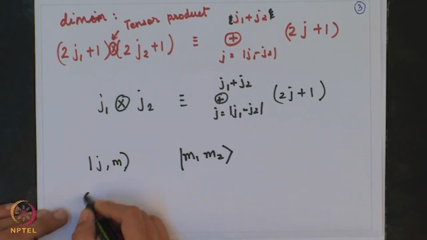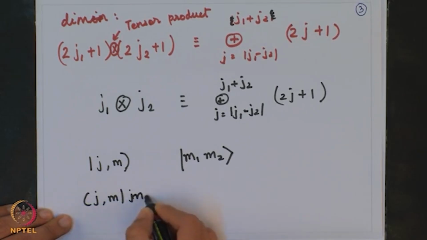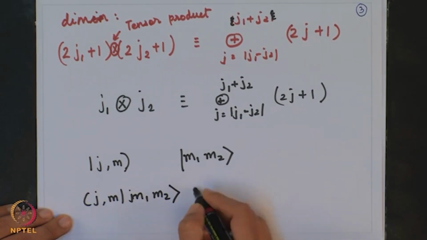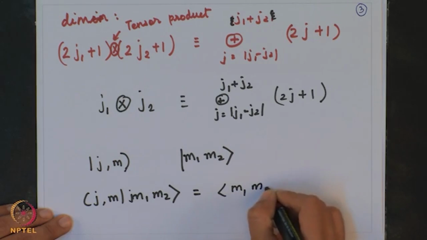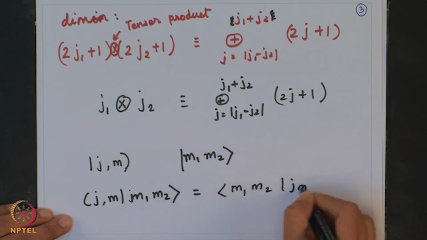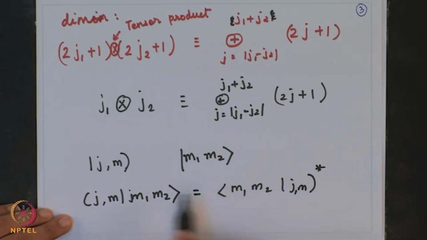So, when I write the bracket of J M with M1 M2, and if I take the reverse of this, that is I do it the other way, this will be nothing but the complex conjugate of this. But if your coefficients are real, there will be no change.